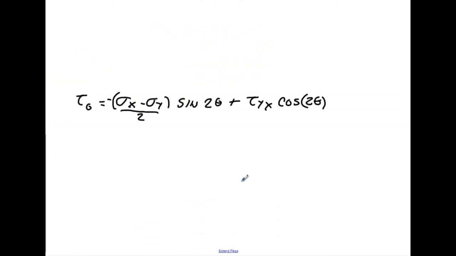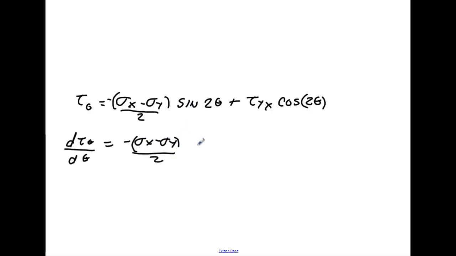We're going to do almost the same thing here. We're going to take the derivative of this shear with respect to theta. When we do that, the derivative of sine gives me, let's go through this real quickly, over 2.